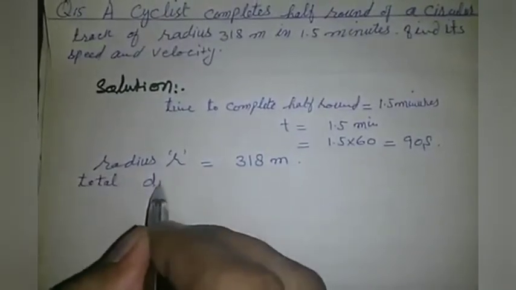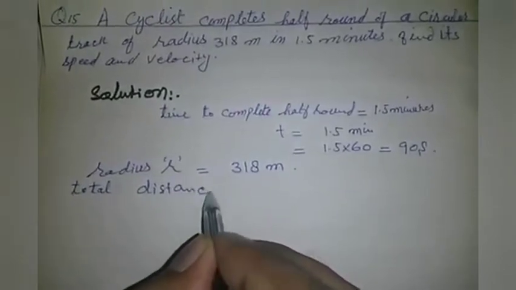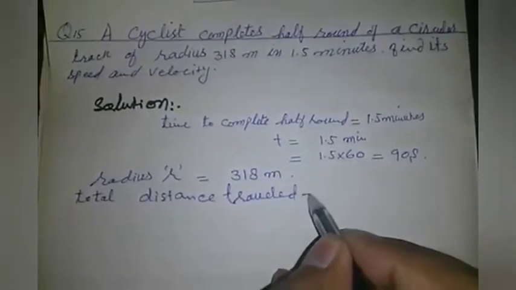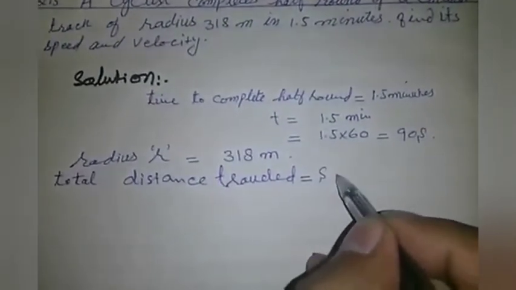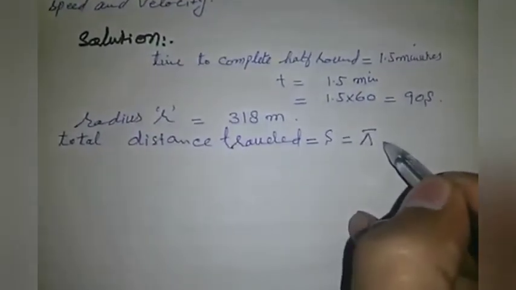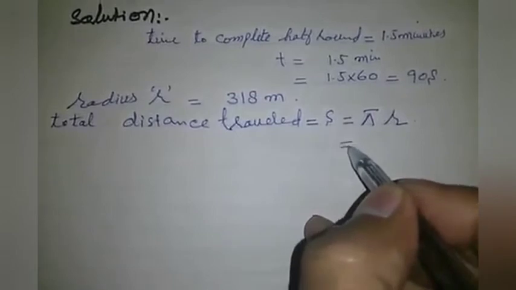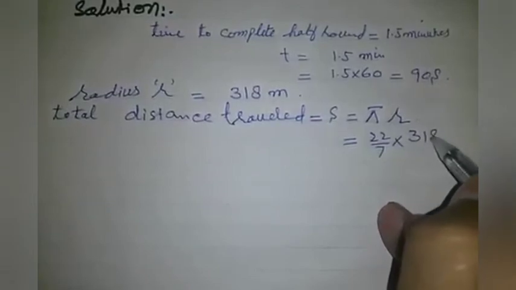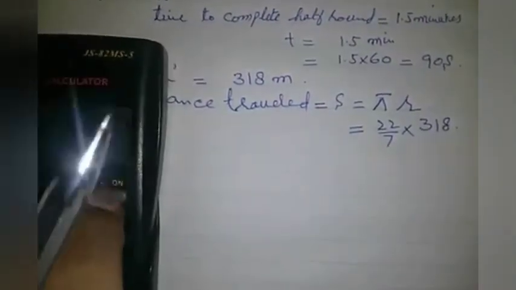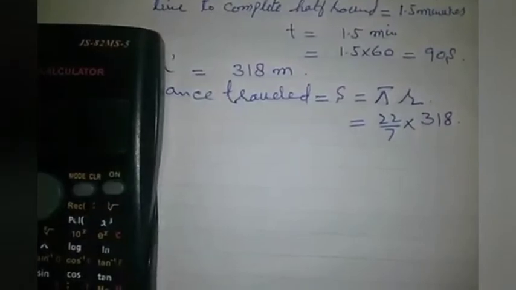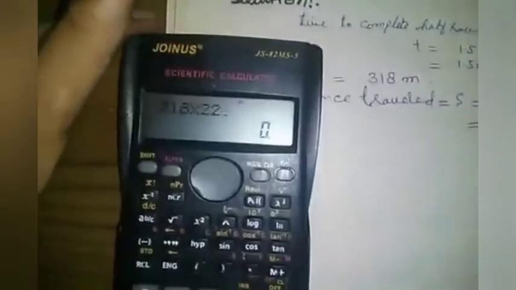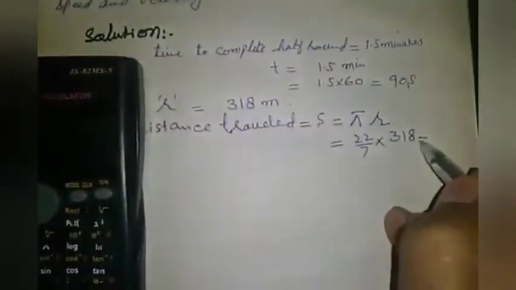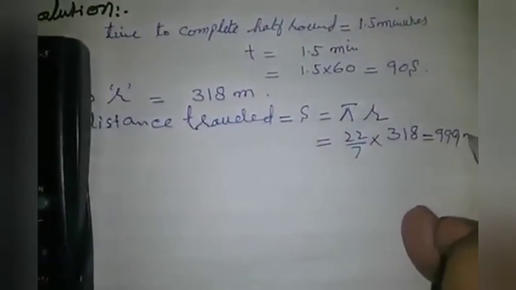Total distance traveled is equal to s is equal to pi into r, which is equal to 22/7 into 318. 318 into 22 divided by 7 is equal to 999 meter.